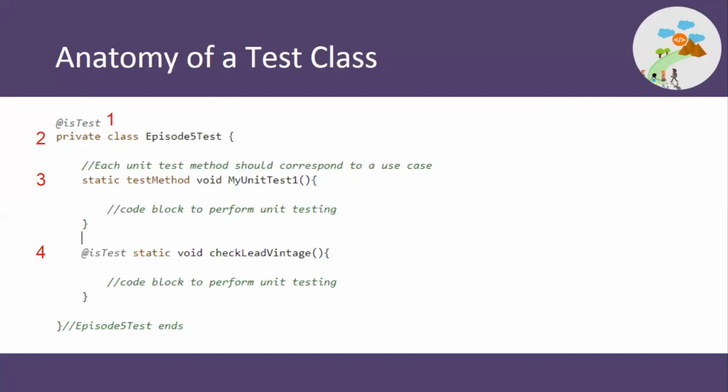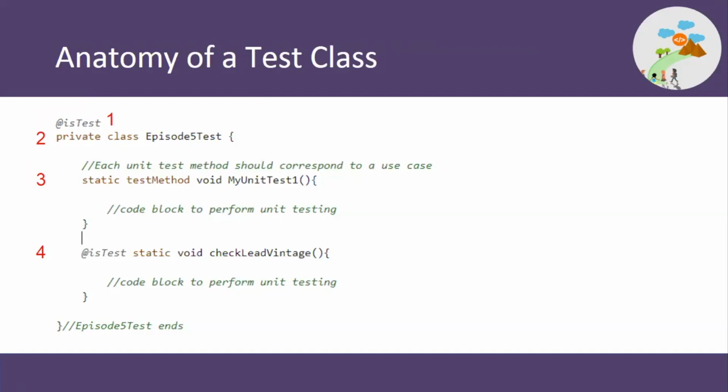A couple of releases ago, before Lightning came through, the Salesforce platform permitted writing test methods within a regular class. When I say a regular class, I mean a normal Apex class which has some actual business logic and is trying to perform something. You could include the unit test method that you see over here within that class.